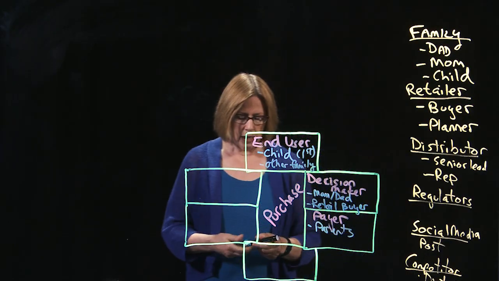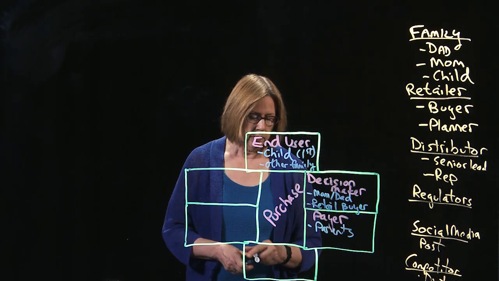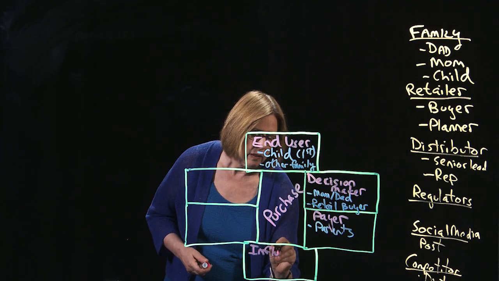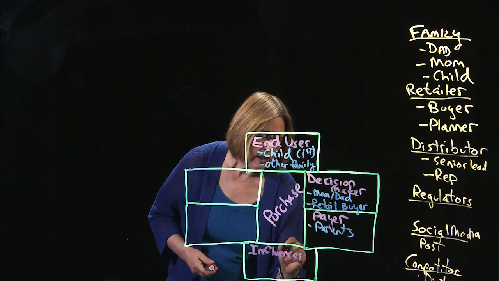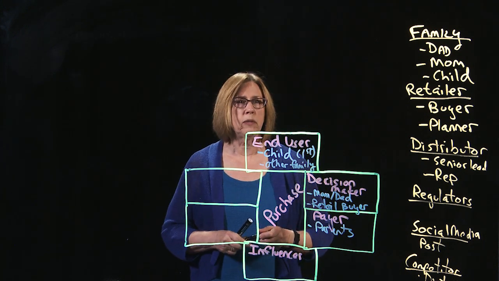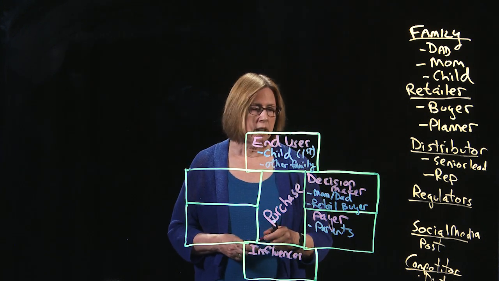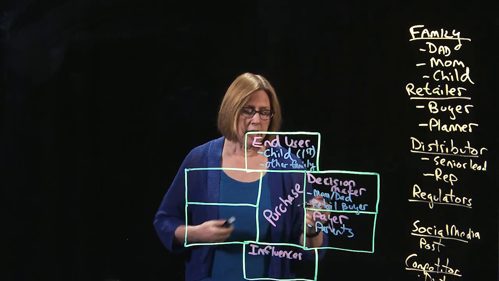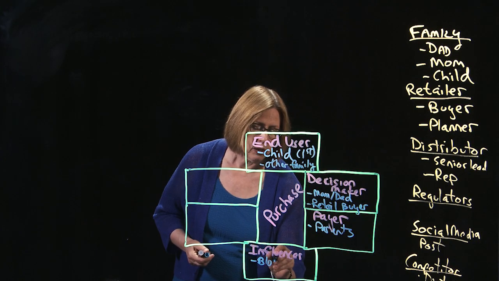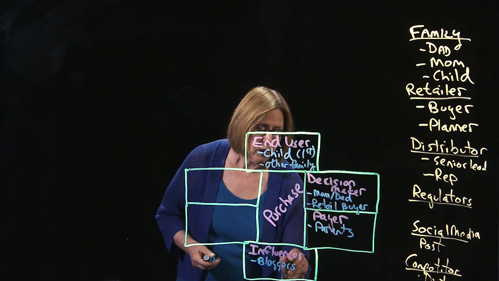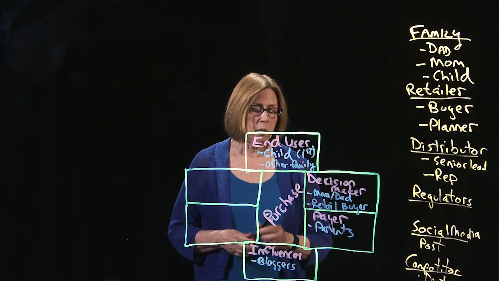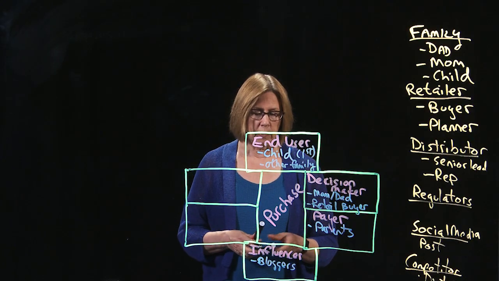Another role here is influencer. In the medical setting, it might be a so-called key opinion leader or a physician who is very active in this space. But in a retail setting, this is where bloggers and Instagrammers are very, very important in terms of driving business to particular products and services.